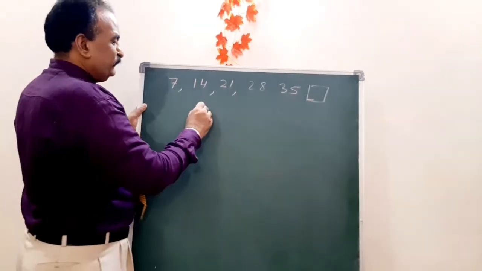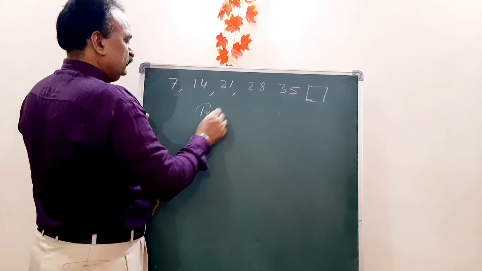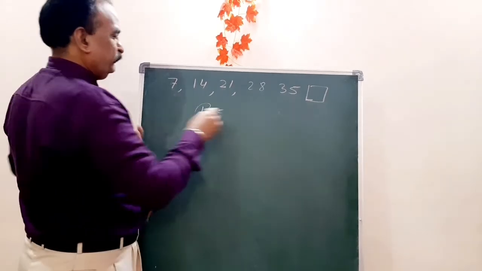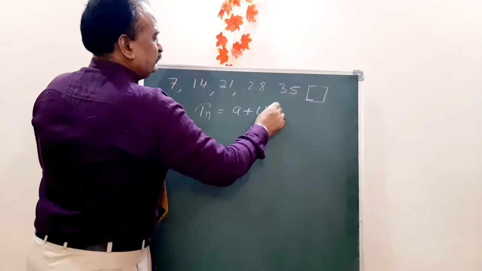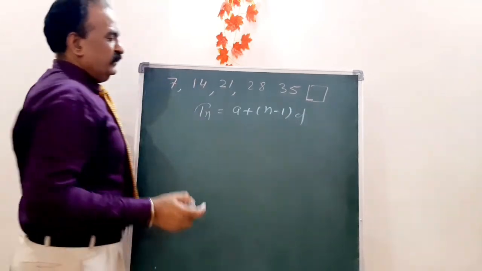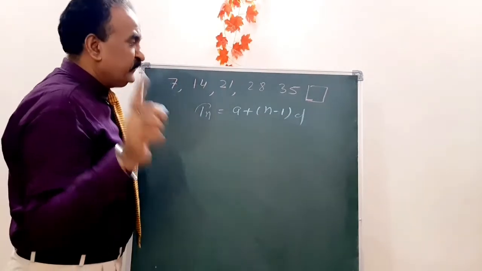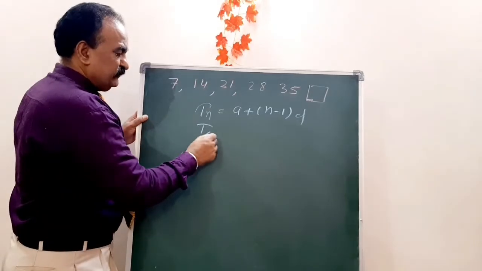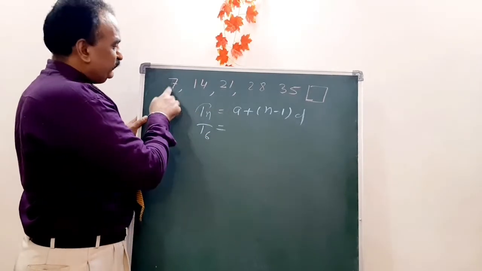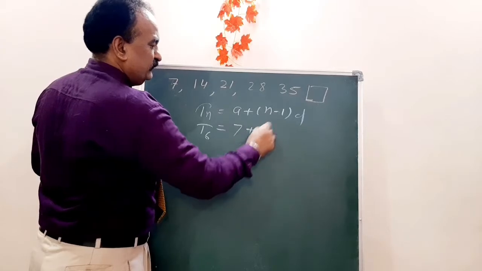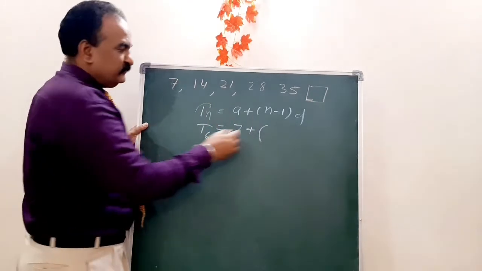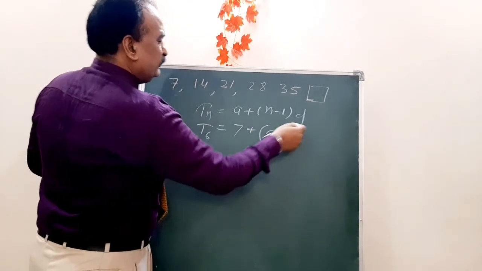The formula is Tn is equal to a plus n minus 1 into d. And which term do you have to find? The sixth term. So T6 is equal to a, the first term, 7, plus n. n is 6, minus 1, into d.